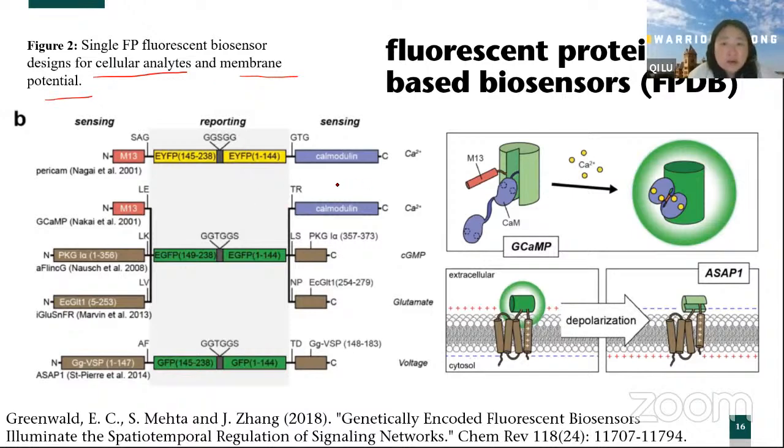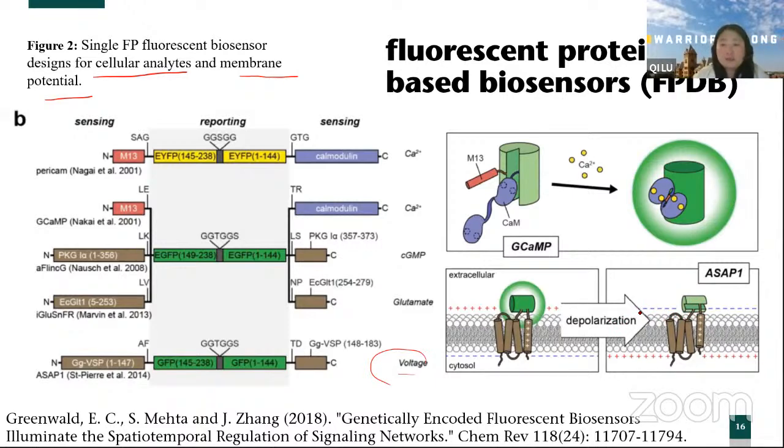So this was including like voltage. This is a permuted second GFP, and this GFP is on the extracellular side. So when the membrane potential changes and the voltage sensor domain's conformation changes, it will cause the GFP's structure to change, and it can respond with fluorescent light.